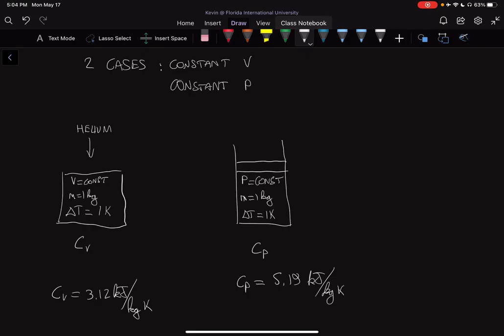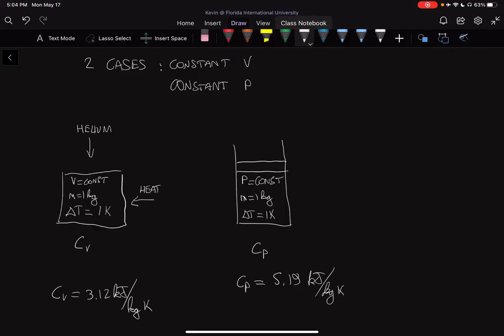What is the reason for this? The reason is that on the left side, in the Cv version, we are just supplying heat, and the heat just works on heating the gas up.